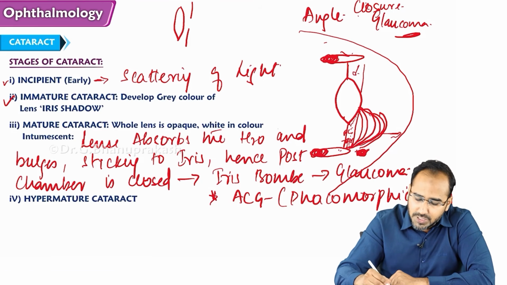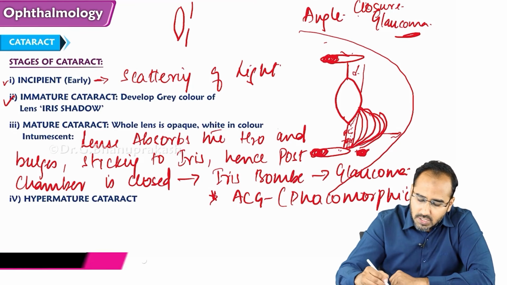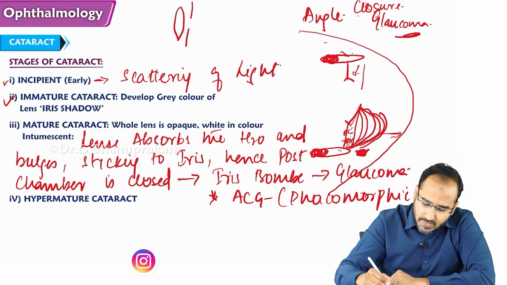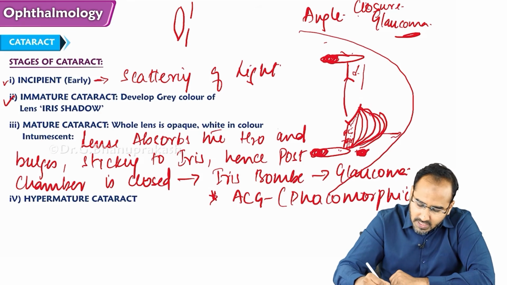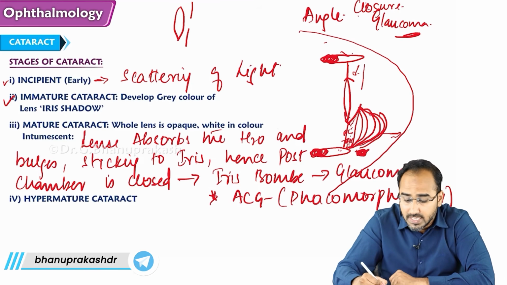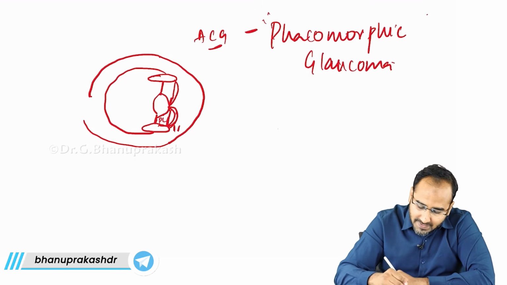In the hypermature stage, the lens loses all the water. As the lens loses all the water, the lens becomes thin. It has lost the water as well as the proteins.